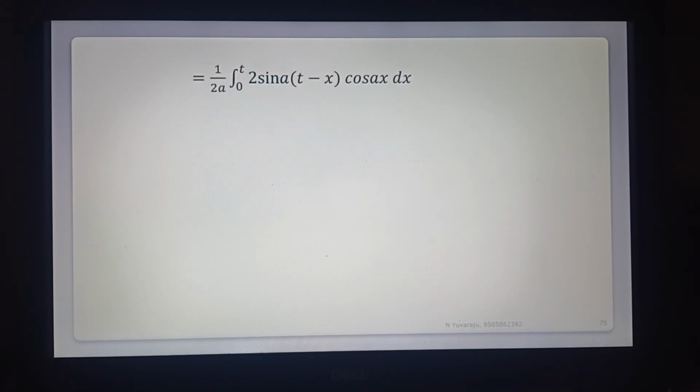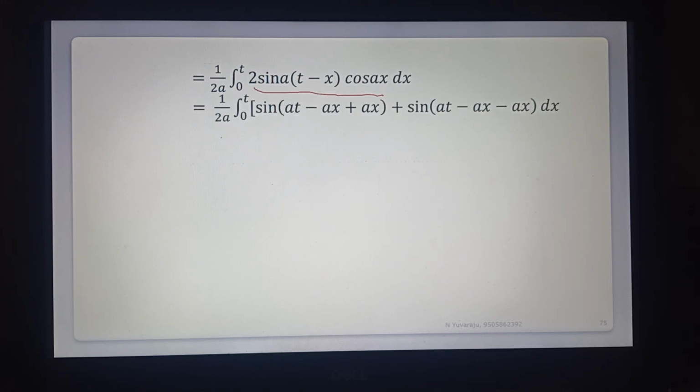Here we multiply and divide by 2, because this is in the form 2 sin A cos B. So that is equal to 1 by 2a into the integration from 0 to t of 2 sin A cos B, which means sin(A plus B) plus sin(A minus B): sin of at minus ax plus ax, plus sin of at minus ax minus ax. On simplification the ax cancels, giving sin at plus sin of (at minus 2ax) dx.